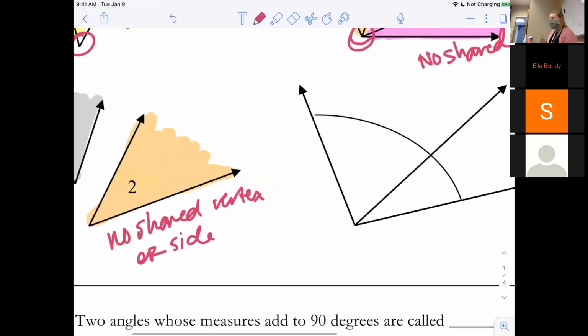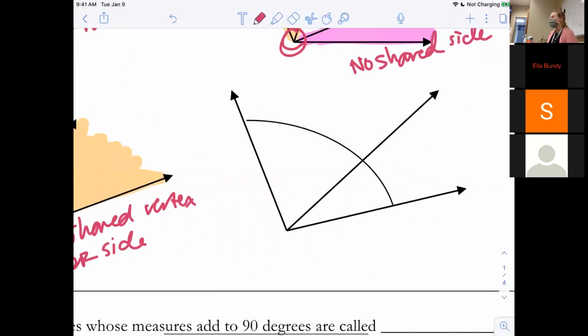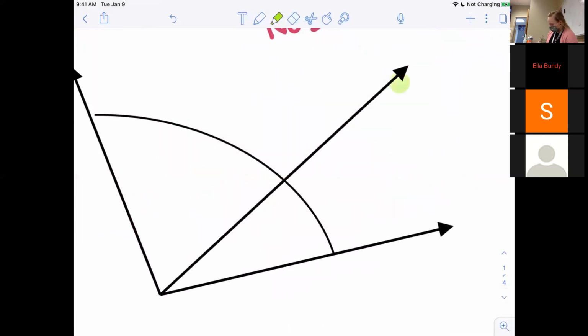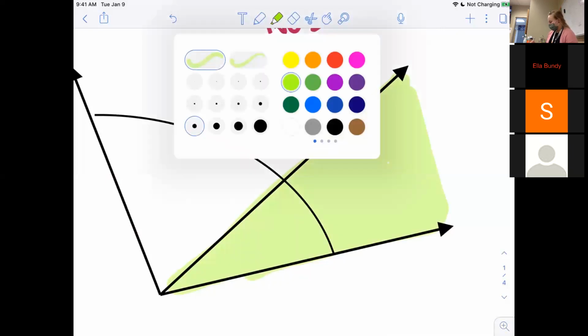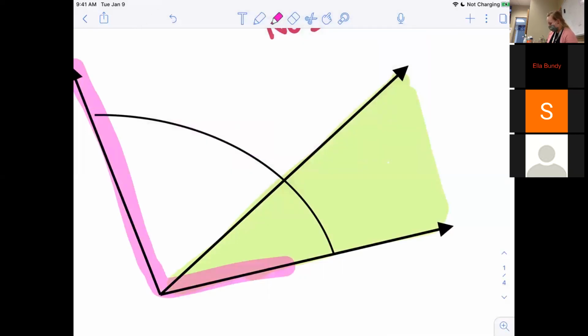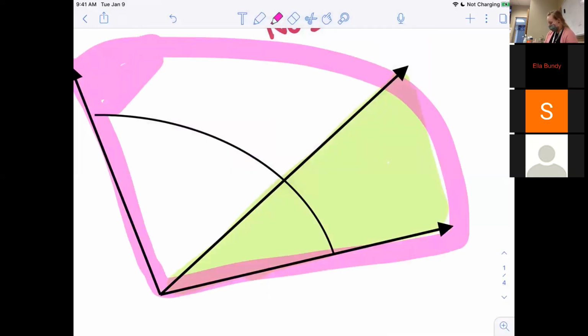And then this last one is an interesting one, and this is one of the more common mistakes that we make. If I have this green angle right here, and then I have, I don't know, this pink angle right here.